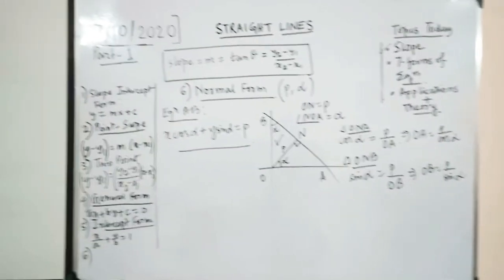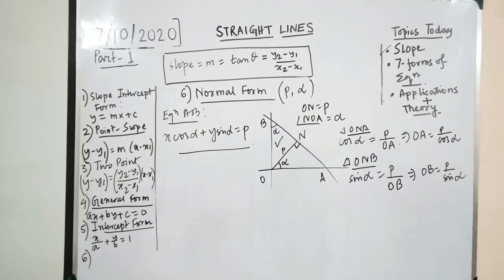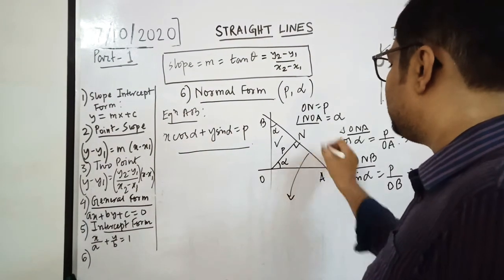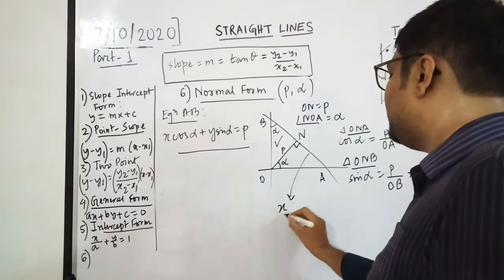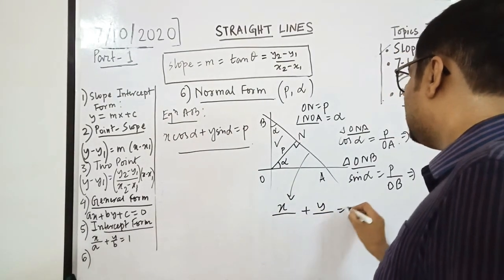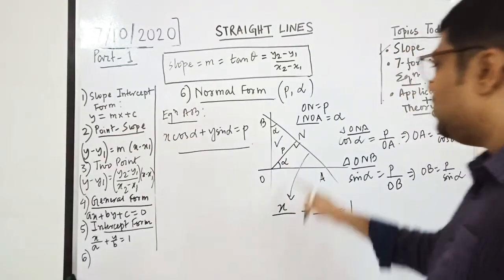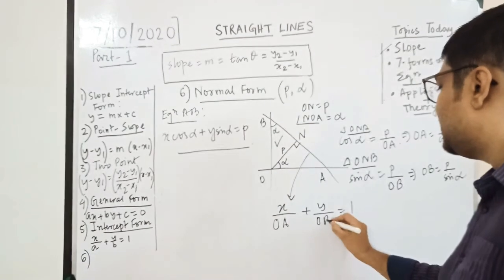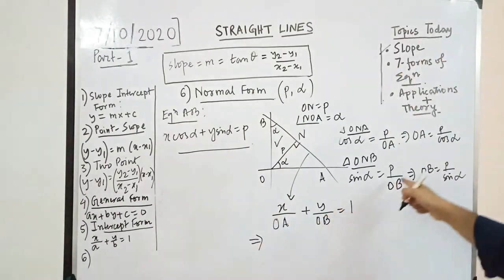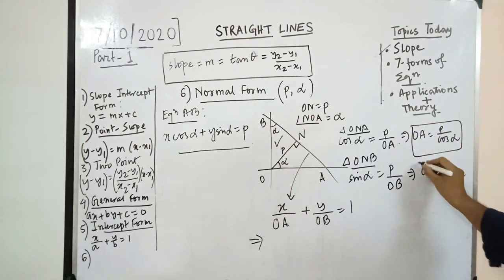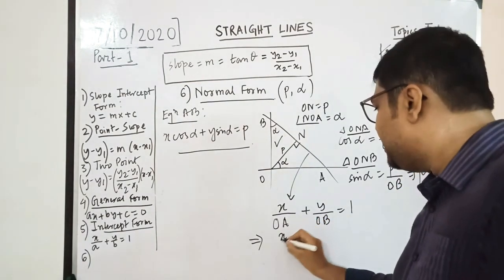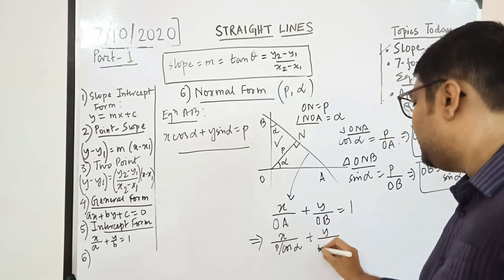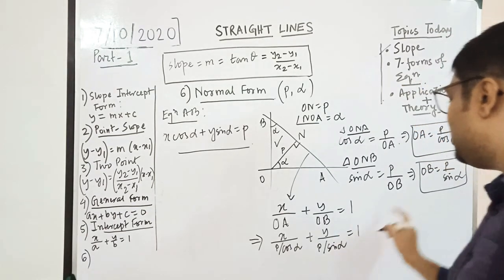Now if I write the intercept form, x by the x intercept plus y by the y intercept equals 1, I write x by OA plus y by OB equals 1. Now I can substitute OA and OB. I substitute P by cos alpha here, and here y by P by sin alpha, which I got from here.